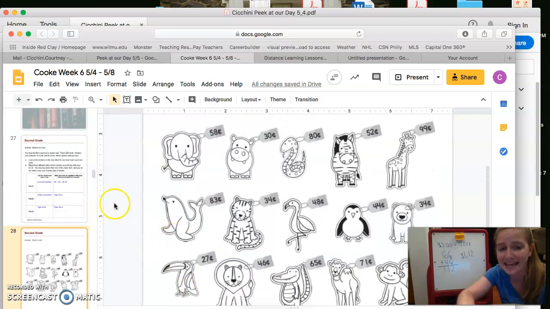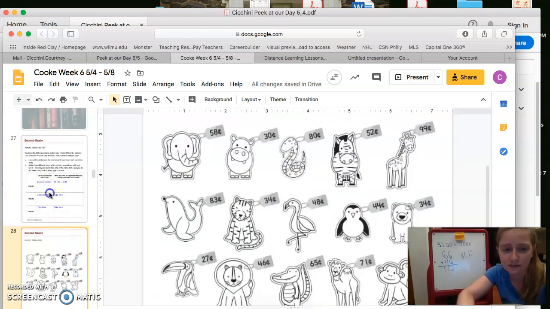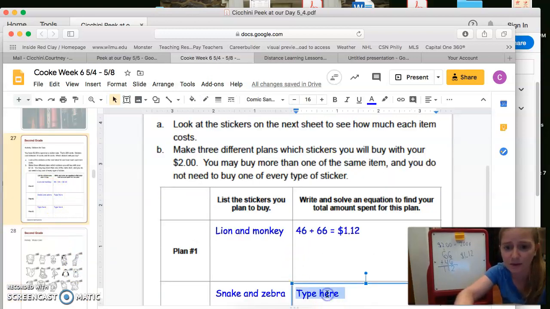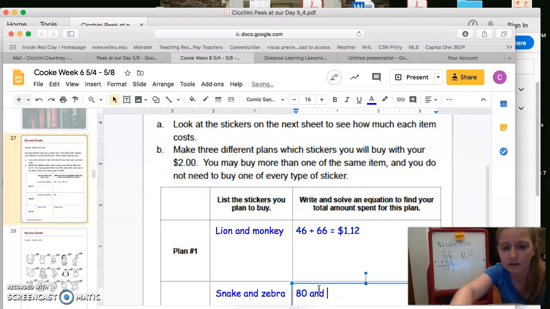The snake is 80 cents and the zebra is 52 cents. So I'm going to type that equation. 80 cents plus 52 cents equals, and then I'm not sure.